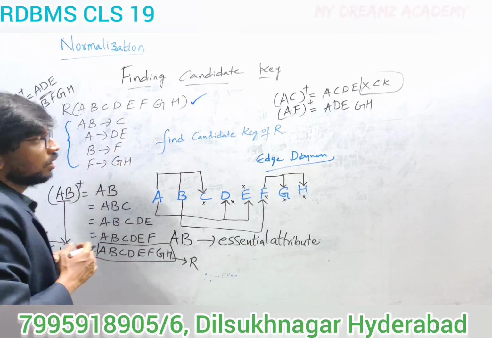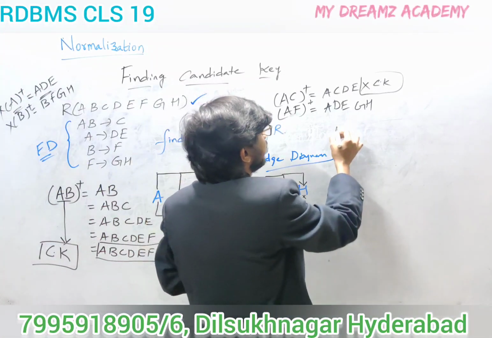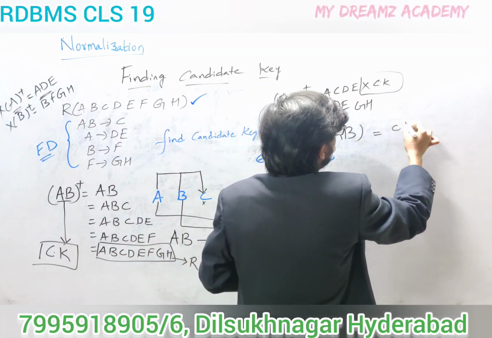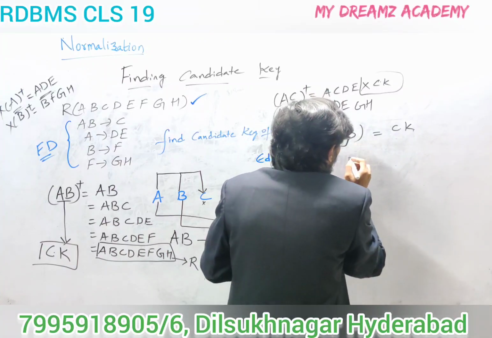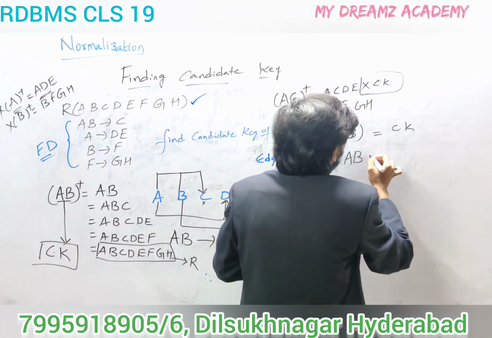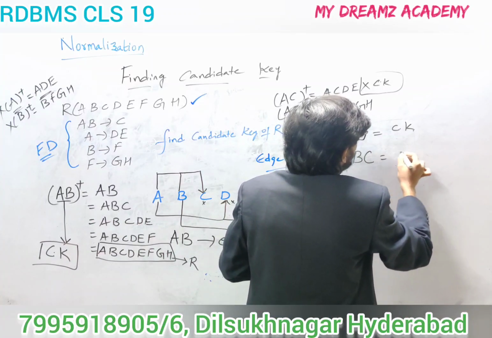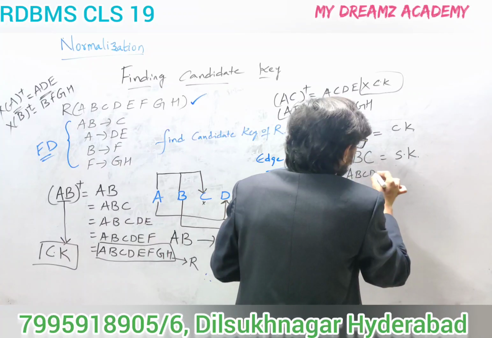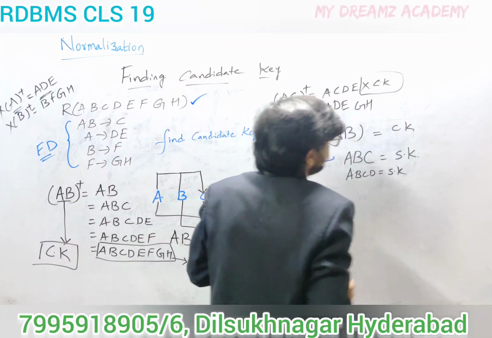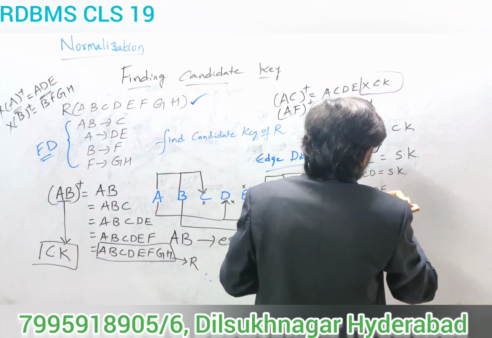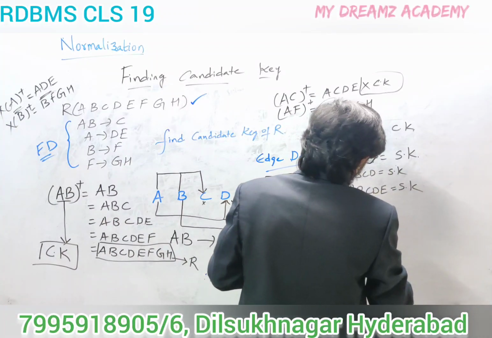So now I can declare AB is a candidate key. If AB is a candidate key, any other attributes associated with AB, ABC is a super key. ABCD is a super key. ABCDEF is a super key.